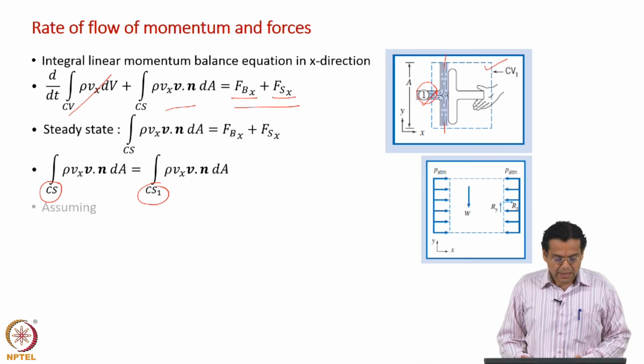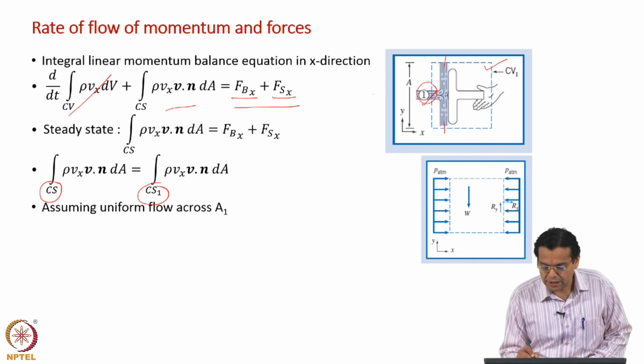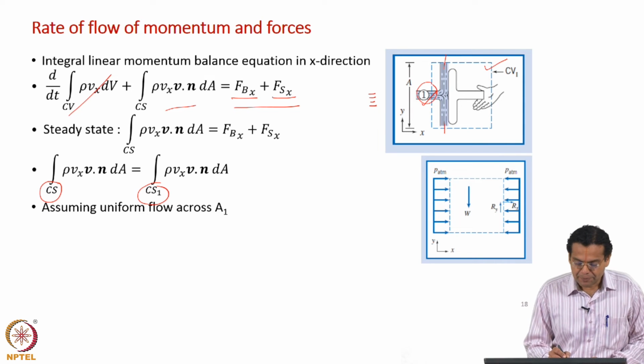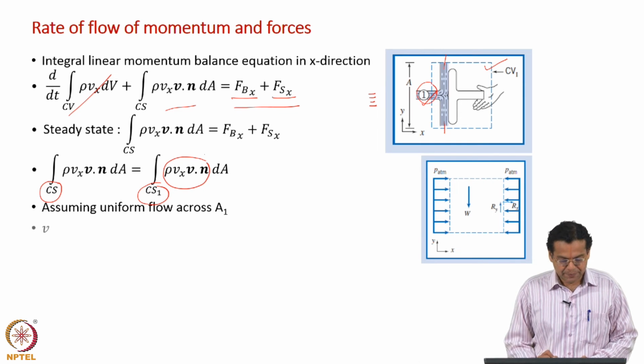Now, let us simplify this integral expression. We assume uniform flow. What does it mean? As usual, there is no change in velocity in a direction perpendicular to the flow. We have uniform velocity, which means I can take the entire term outside. Of course, I also assume density is uniform.